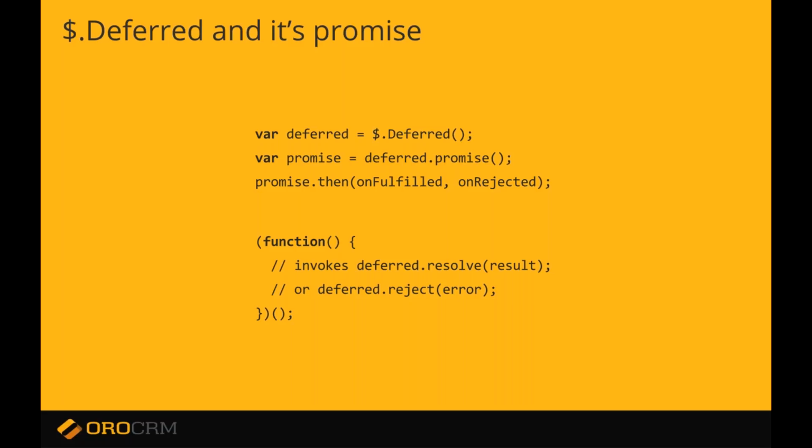We can create the deferred object, take a promise from the deferred object and give it out from our code to someone to deal with the result, and execute our business logic, after which we can invoke either resolve or reject with a specific result.